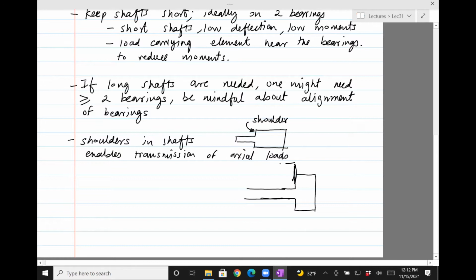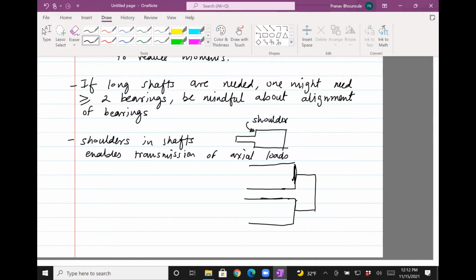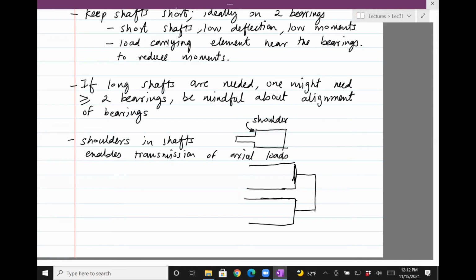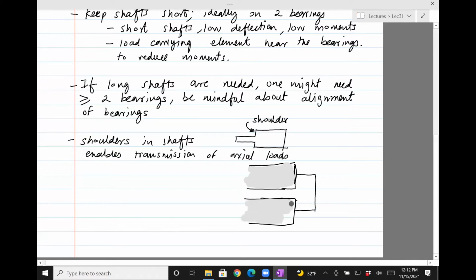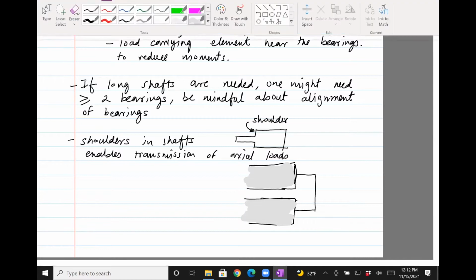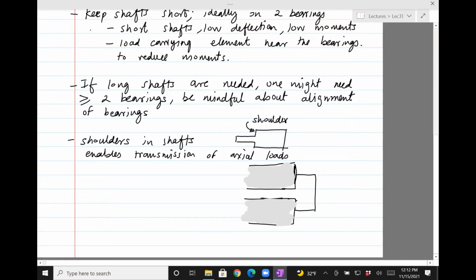So there is another element which... So let's say this is a shaft, this is in a housing, and this is subject to some axial loads.